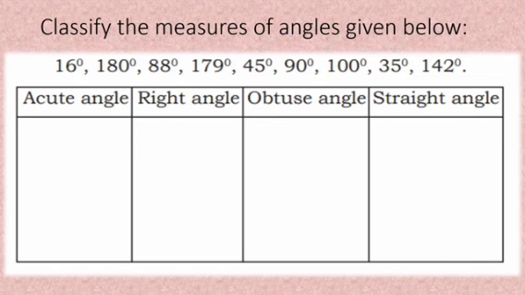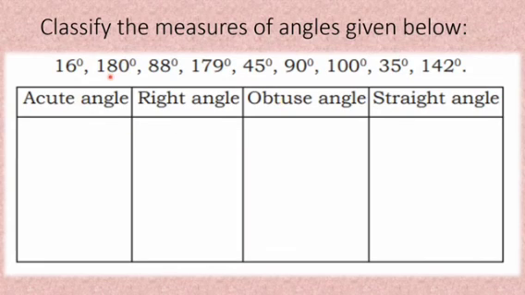All these angles are to be classified in the columns given, children. You need to classify what category each falls under. For 16 degrees, you need to classify whether it is an acute angle, right angle, obtuse or straight angle.